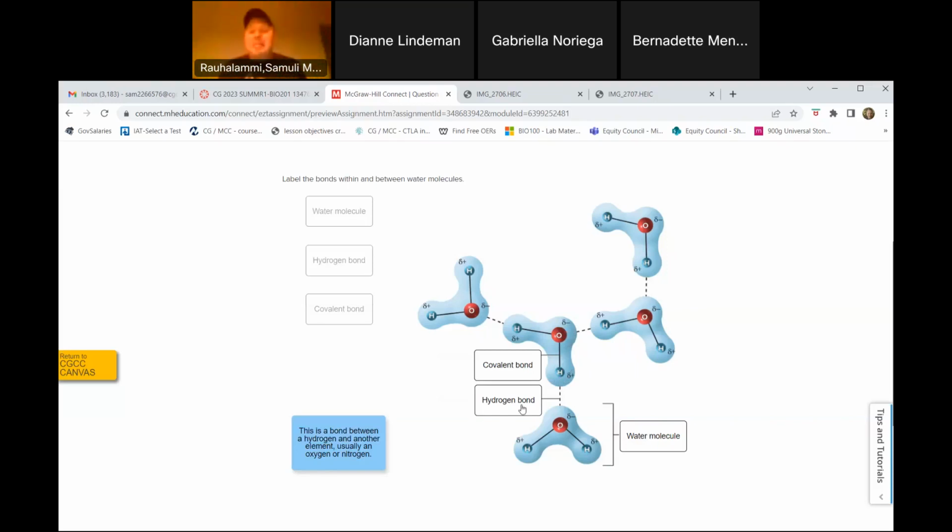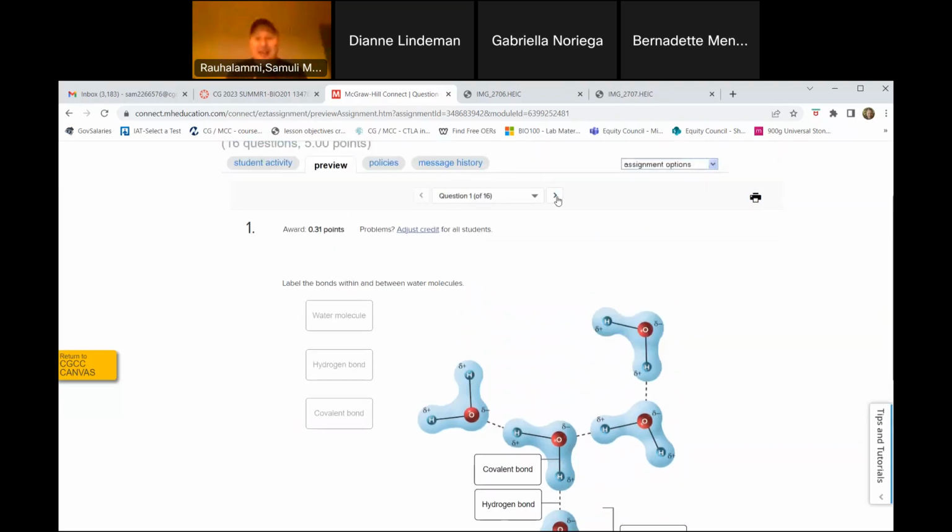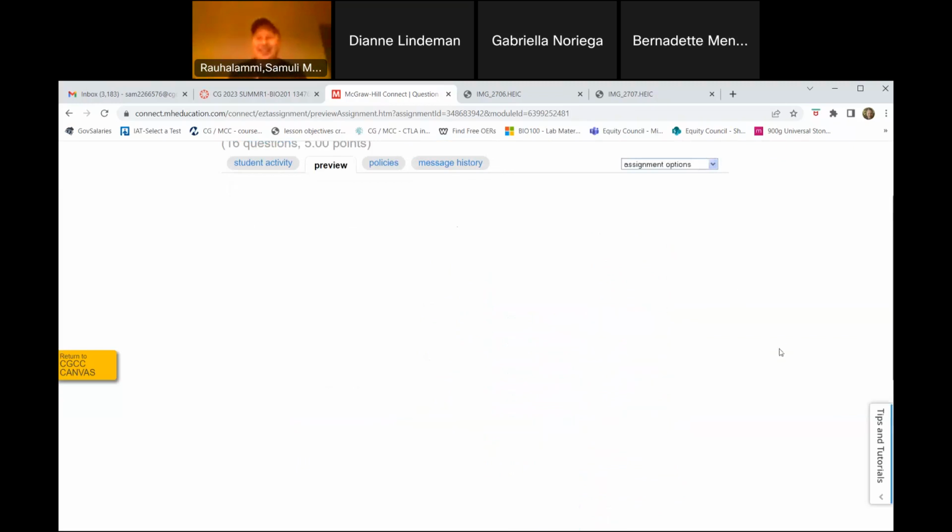And that means that there are these weak hydrogen bonds between oxygens and hydrogens. This is really the explanation why water tends to stick together when we look at individual water molecules. They form this cohesion between different water molecules. So that was an in-depth explanation of that.